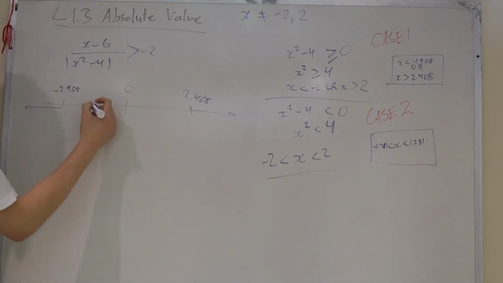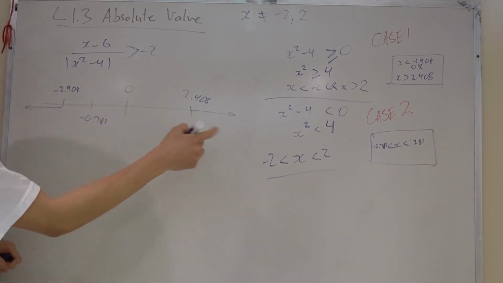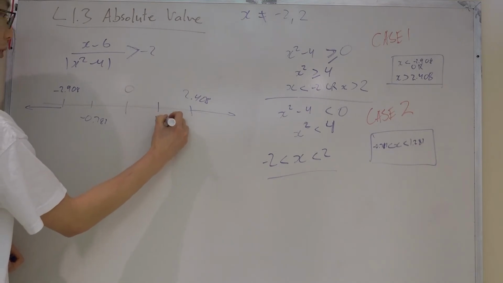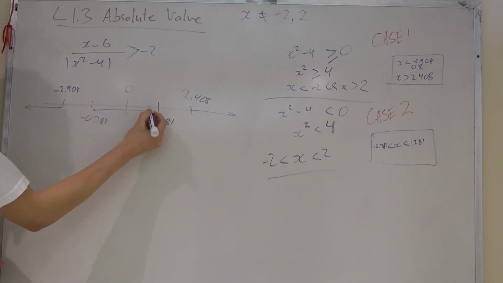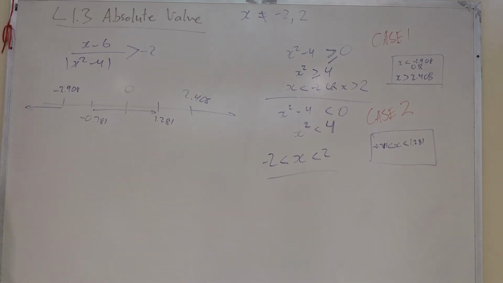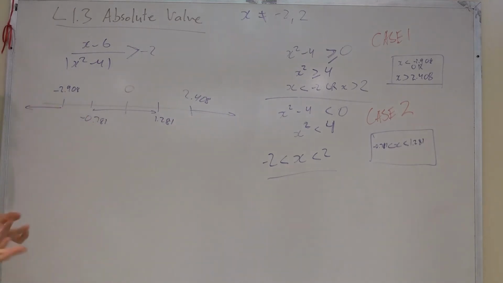So we need to get negative 0.781 and 1.281. So our solutions can also lie in here. So what our work has determined is that if you pick a value of x in either this section, or that section, it will satisfy the equation.